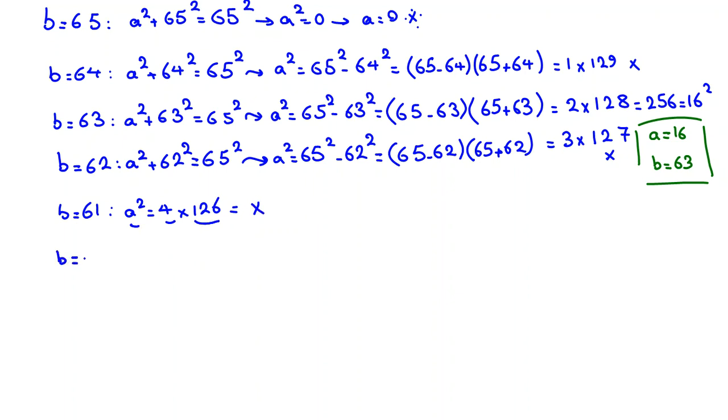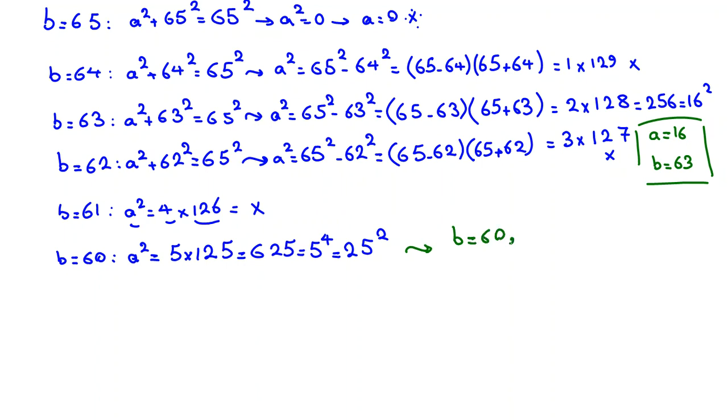If b equals 60, a squared equals... we should continue up to the case where b is still greater than or equal to a. So the next one is 5 times 125, that's good because it's 625 and it is 5 to the fourth, or 25 squared. So another answer is b equals 60 and a equals 25. So that's the second answer.